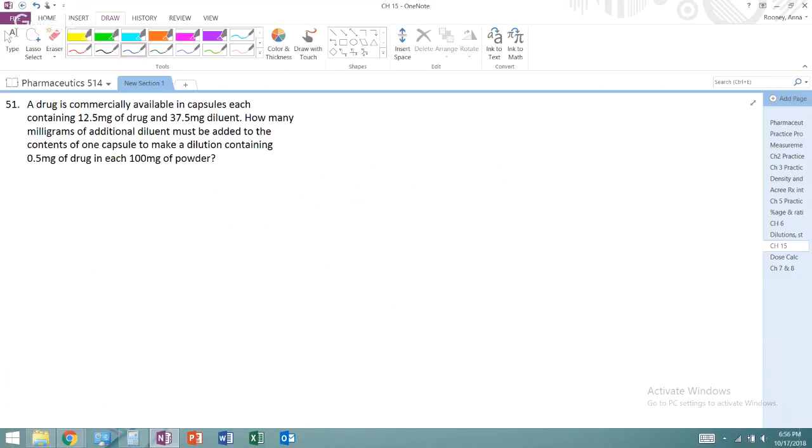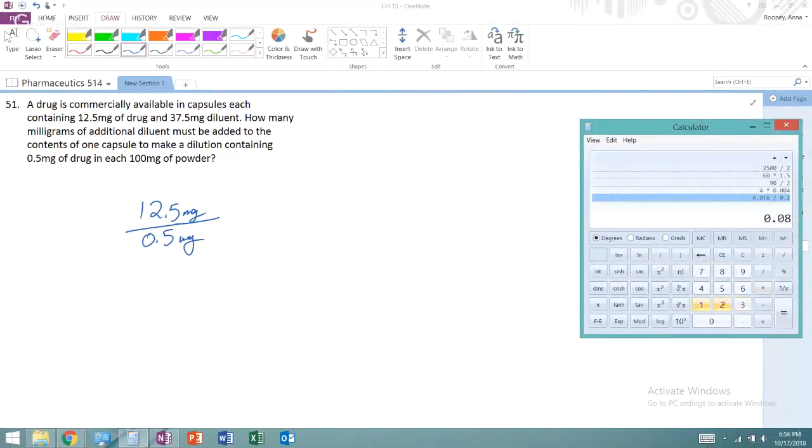Okay. So, how many half milligrams do we have? So how many parts do we have? We're going to take the total amount of milligrams and divide it by the amount that we're going to need. And that should equal 25.